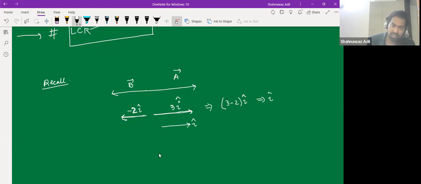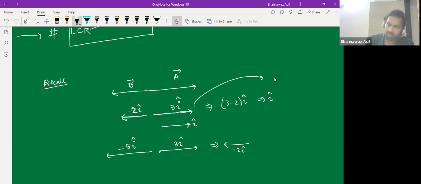But let's say that I have this vector 3 i hat, and then let's say I have this vector minus 5 i hat. So then my resultant would be in which direction? This direction, right? And that would be minus 2 i hat. Understood? Yes. So in the first case, my resultant was 3 minus 2 in this direction.